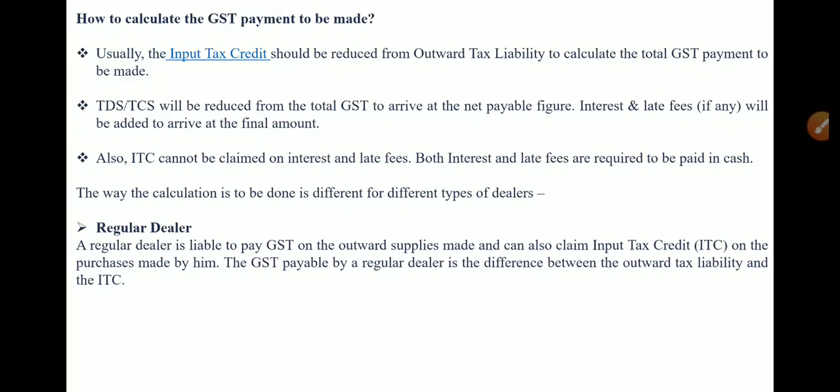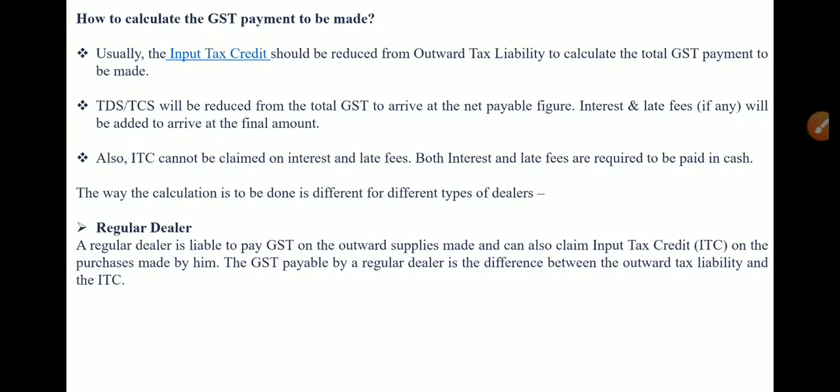See, the regular dealer is liable to pay GST on the outward supplies made and can also claim input tax credit on the purchases made by him. Usually the regular dealer pays GST on what? On outward supplies, which means on supply of goods and services to others.